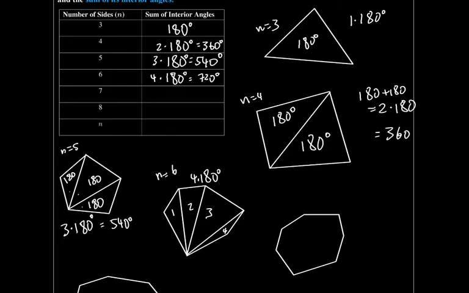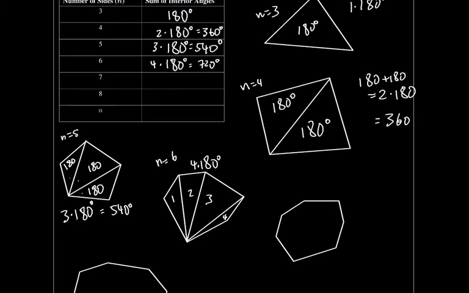And then now let's look at the next one. I want you to take a guess as to how many triangles we're going to get here, because you're probably starting to see a pattern.